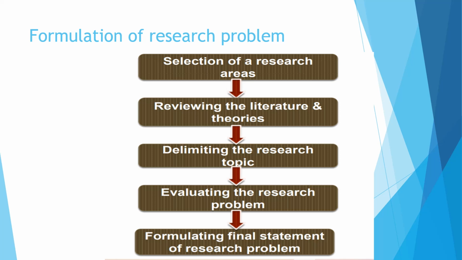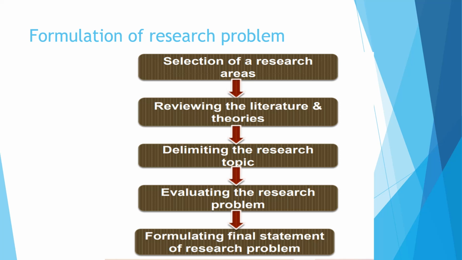Once you have the broad topic or you have already finalized your research area, next you have to review literature and theories. After getting a broad idea for research, you need to review the literature and theories that are related to your research area. Literature is reviewed to know what has already been done in the selected areas of research.